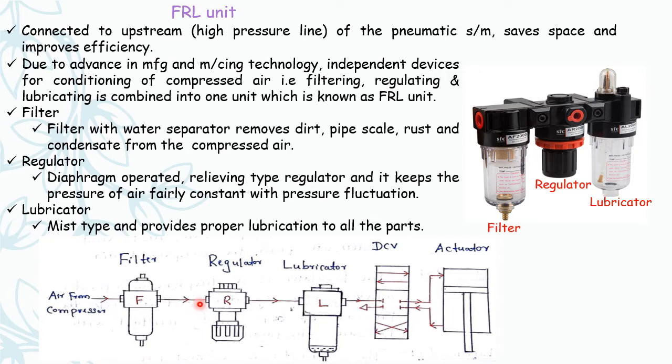And you can see the FRL unit, it's very small. So because of the presence of this FRL unit, the efficiency of a system increases, and because of the size it even saves the space.